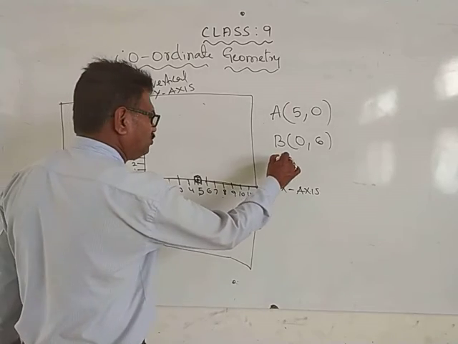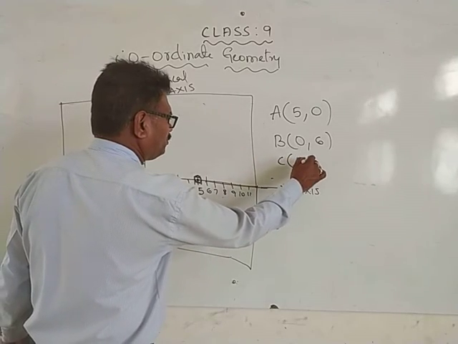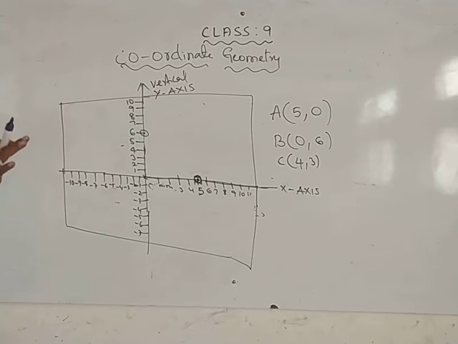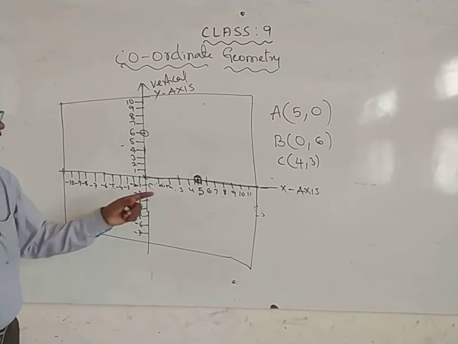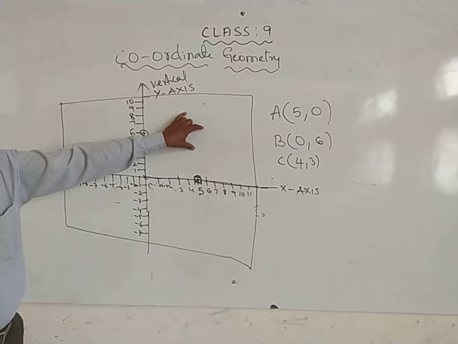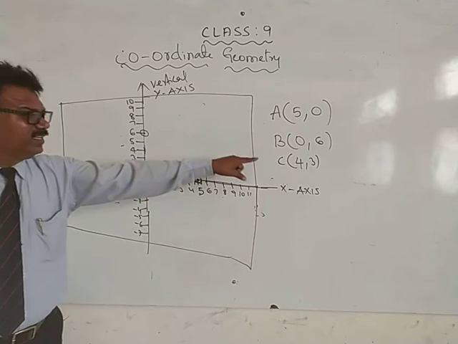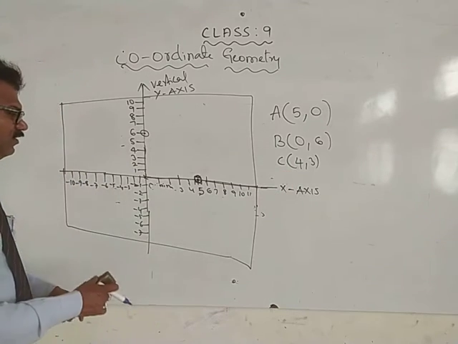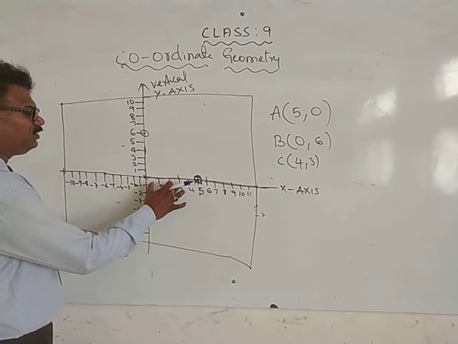Next value, C equal to 4, 3. You should know which quadrant. If you know the quadrant, then the answer is complete. Now both are positive, which means here, the first quadrant. So what is the first value? X value is 4. Therefore first you count: 1, 2, 3, 4.